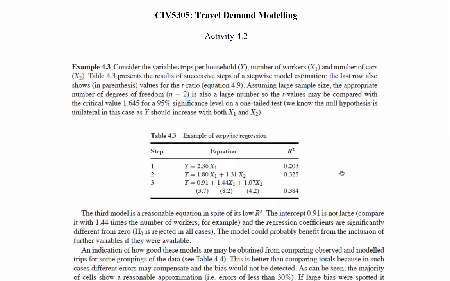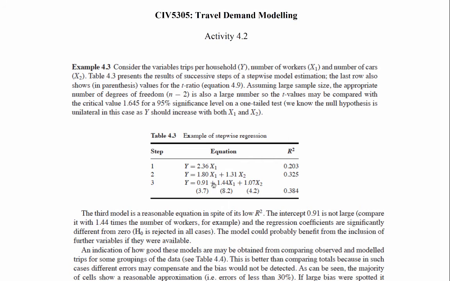Which one should we select? Well, perhaps the first thing to do is have a look at the R-squares. We can see that the last model has the largest R-square compared to the other values. It's still a fairly small R-square, but this is very common in the travel demand modeling context. We don't necessarily get high R-square values.